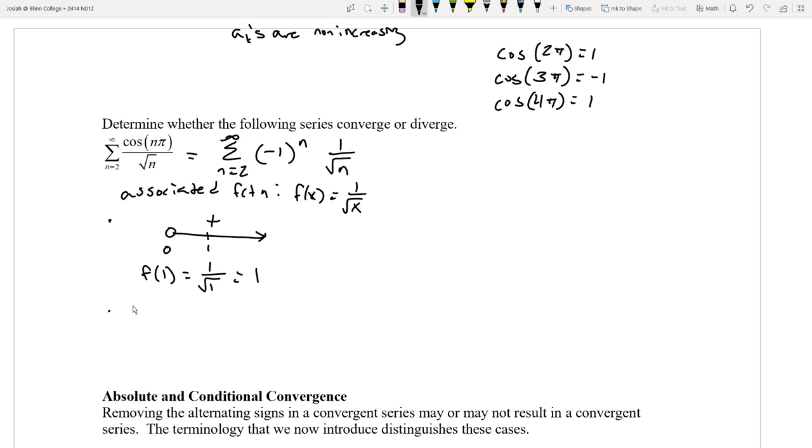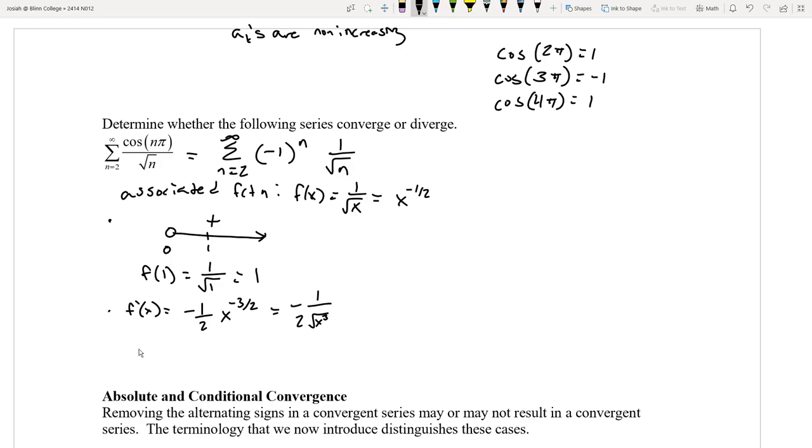Next, we go ahead and find f prime of x. Right, this guy is x to the -1/2. So we take the first derivative, we get -1 over 2, x to the -3/2. Right, that's -1 over 2 root x to the third. So that's going to be our first derivative there.